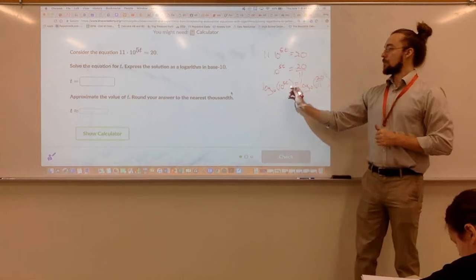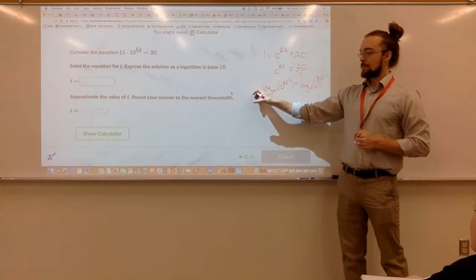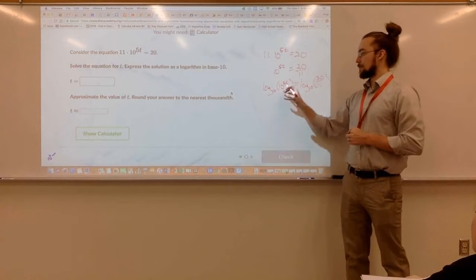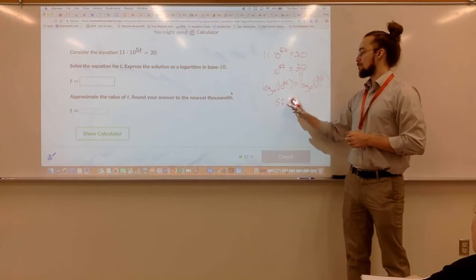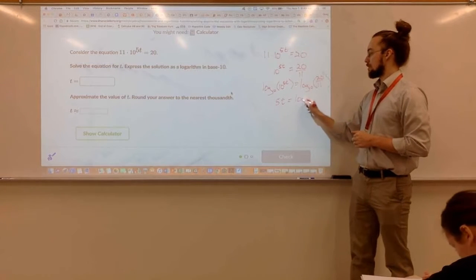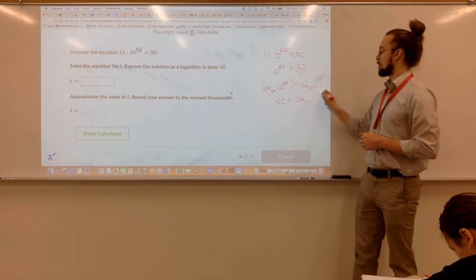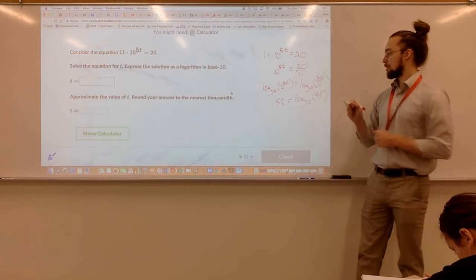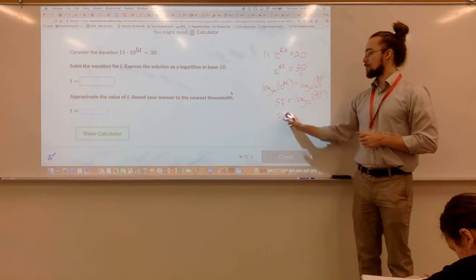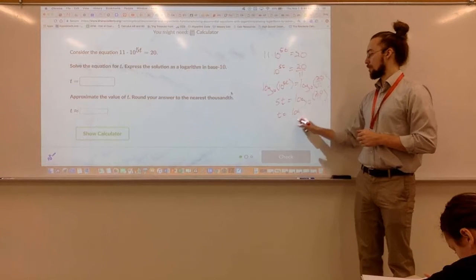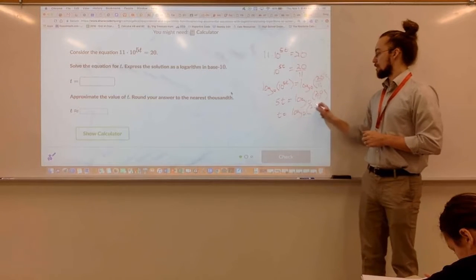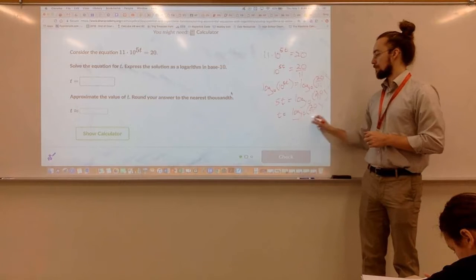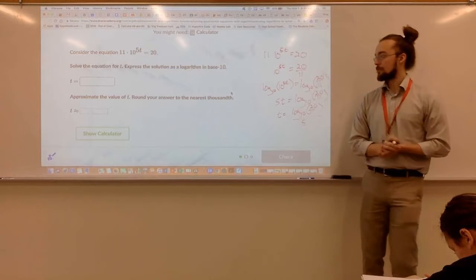The 5t comes out, log base 10 of 10 is 1, so I'll just write 5t equals log base 10 of 20 over 11, and divide both sides by 5, and we get log base 10 of 20 over 11, all over 5.